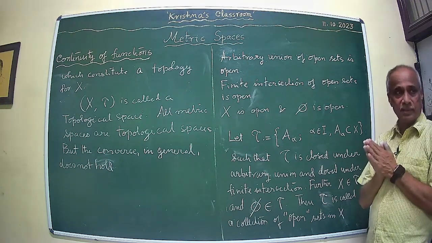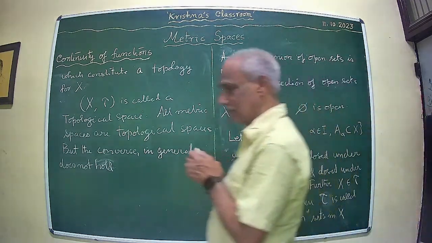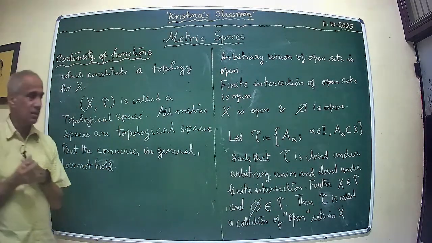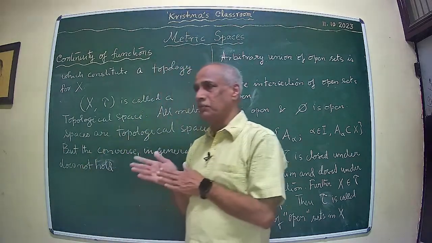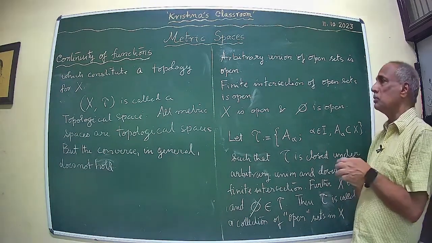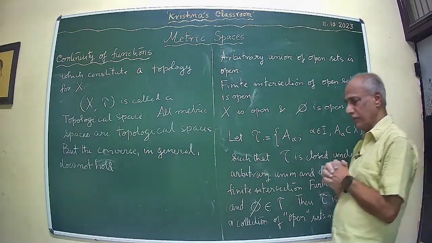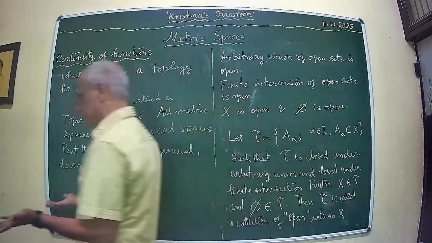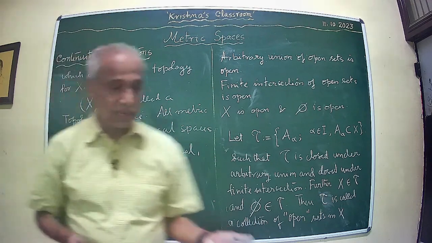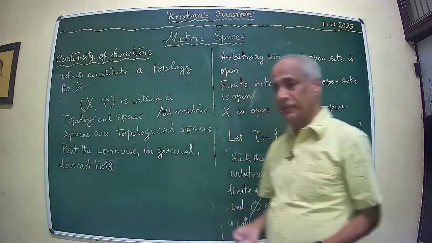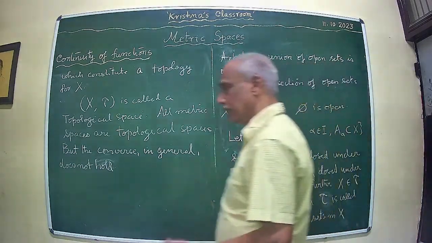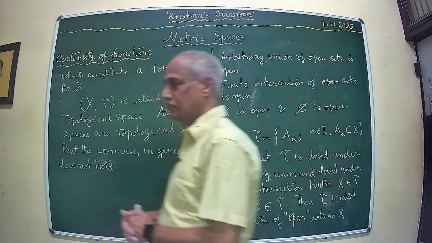You see that our model was the real line with the length concept. Then you have got what are called the open intervals. For each point, you can introduce the concept of open neighborhoods. Every open subset of R has the property that each point in it has an open neighborhood completely contained in the set.